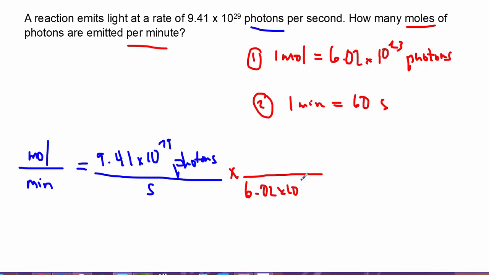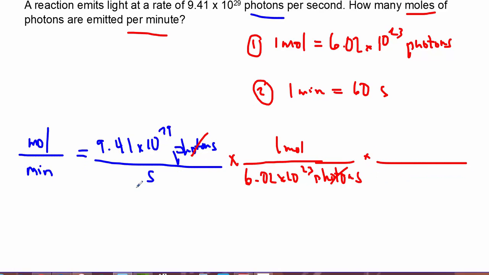My photons are going to cancel. The next step is to convert from seconds to minutes. Seconds is in the denominator of my rate, so I need to put the 60 seconds up on the top so that they do indeed cancel. And my 1 minute is going to go on the bottom.